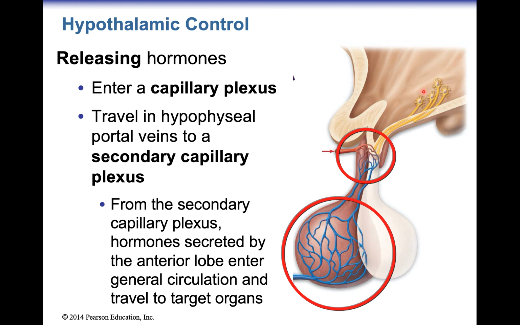So based on the hormone produced by the hypothalamus, it will dictate the hormone produced in the anterior pituitary, because that initial inhibiting or releasing hormone goes into the first capillary bed, then travels into the second capillary bed to diffuse out and send its signal to the anterior pituitary cells.